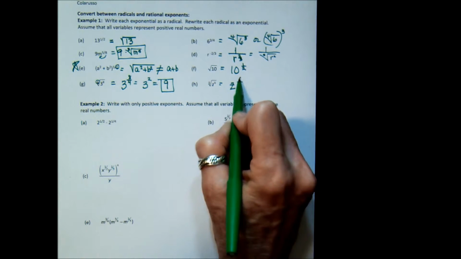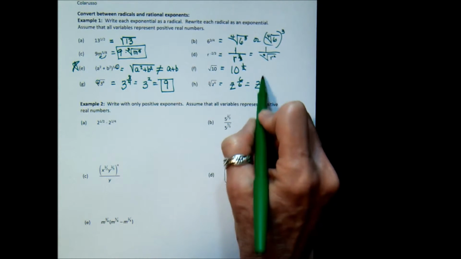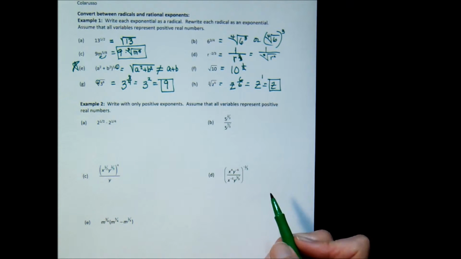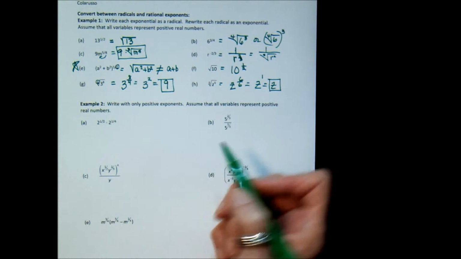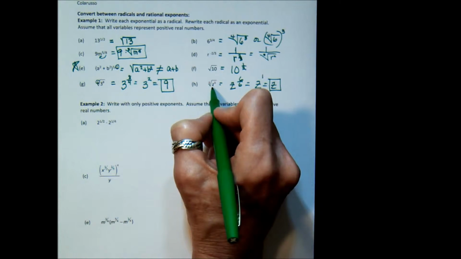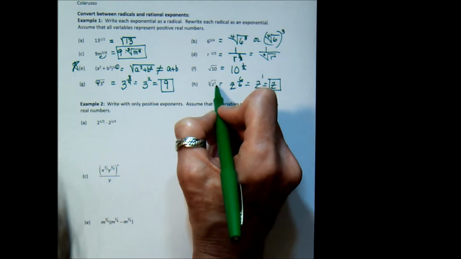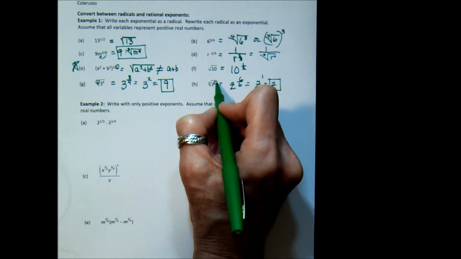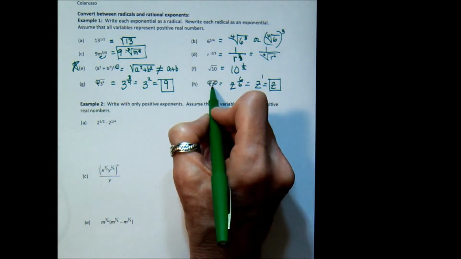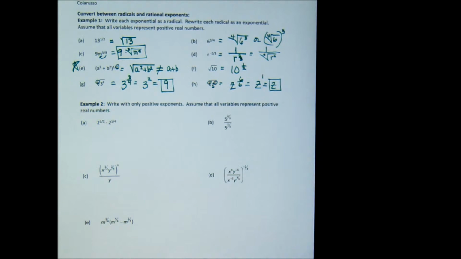My numerator is the same, which is just z to the 1st, or just z. And by the way, as a generalization, assuming that all variables are positive, real numbers, if what I'm raising my base to is the same as my index, it will always just equal what's underneath.